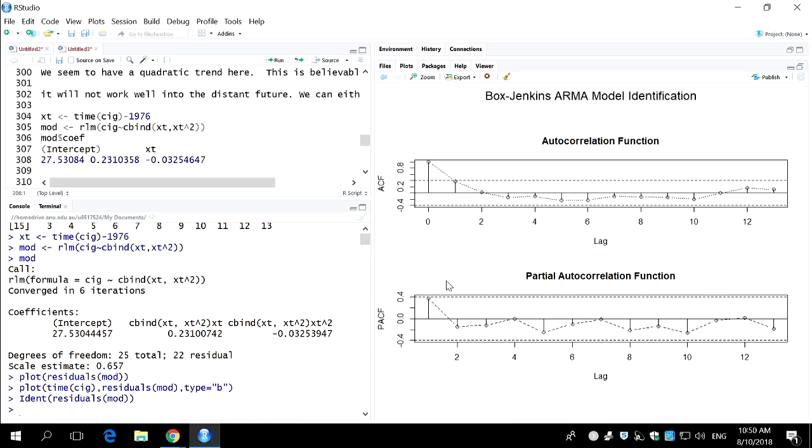Starts off at 1, goes in between the dotted lines and stays there. Okay? PACF, we're looking for things outside the dotted lines. They're on the line, in, right? They're all in. Okay? So again, we've got a choice to make. We either decide that this is white noise or we fit an AR1.